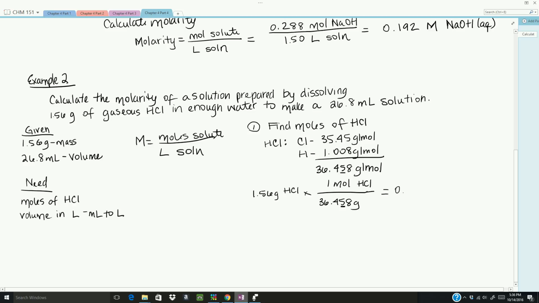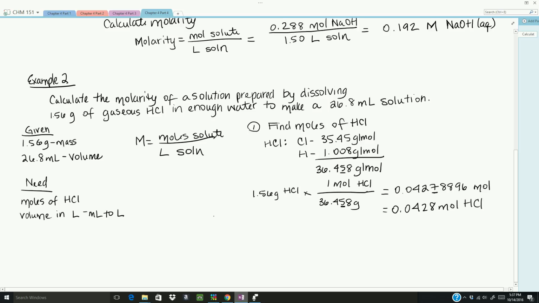When you do that math, you get 0.04278896 moles. We have 3 sig figs here and 4 sig figs here, so our answer will be 3 sig figs. Remember, these zeros are leading, they don't count. So our answer is 0.0428, we round up, moles of HCl.